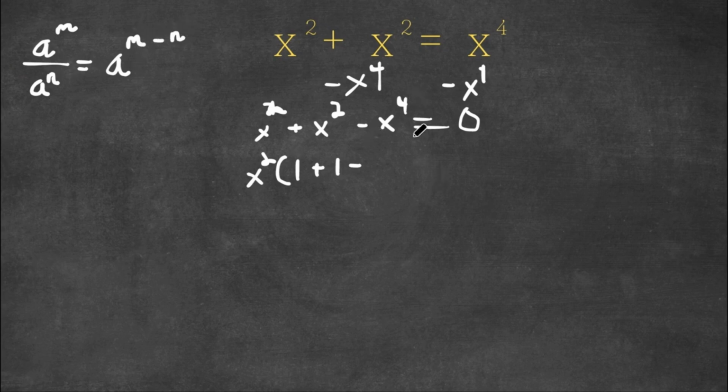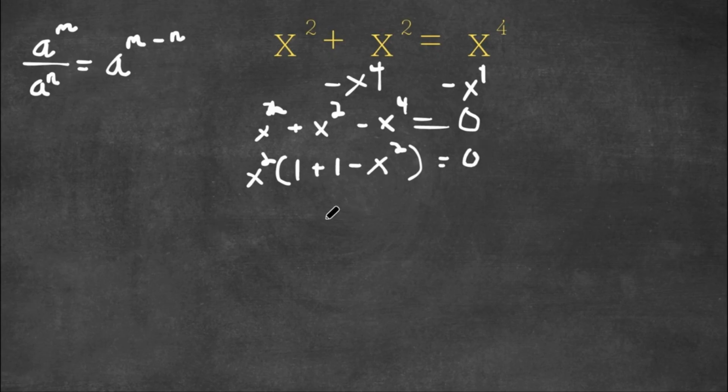So x to the power of 4 over x to the power of 2, that's x to the power of 4 minus 2, and 4 minus 2 is 2, so this would be x squared. And this is equal to 0.